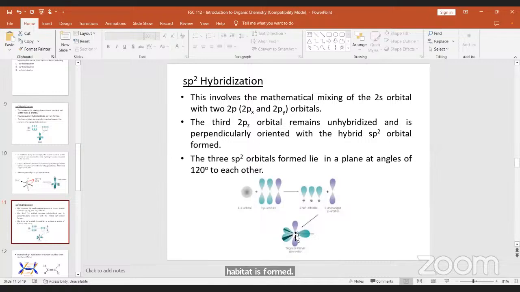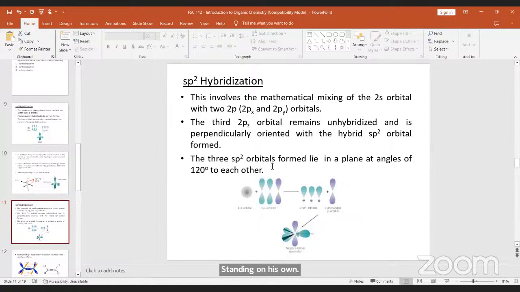Okay, look at this. Those in green are the sp2 hybrid orbitals. The unhybridized one, which is purple, is just perpendicularly standing on its own.